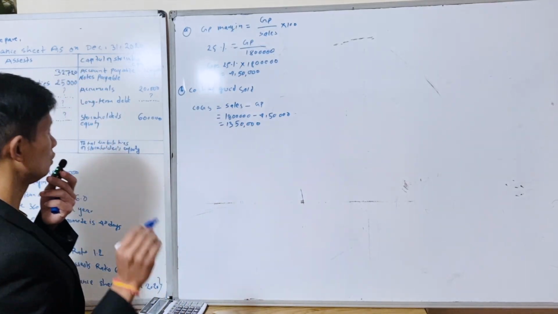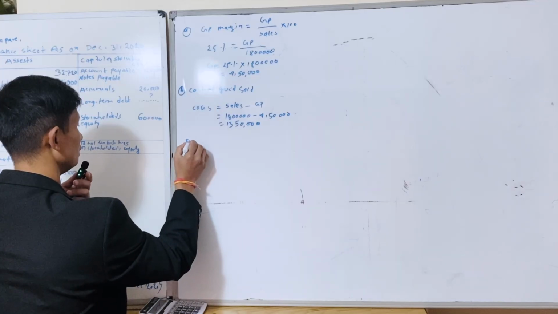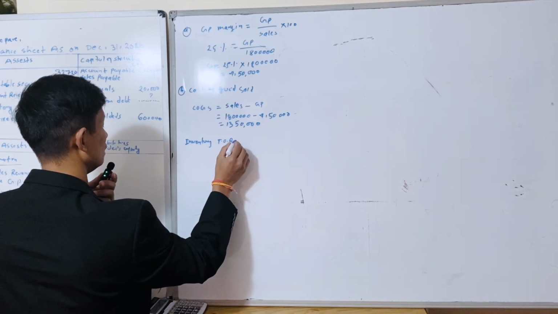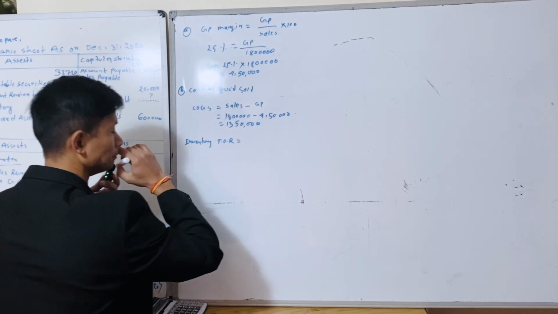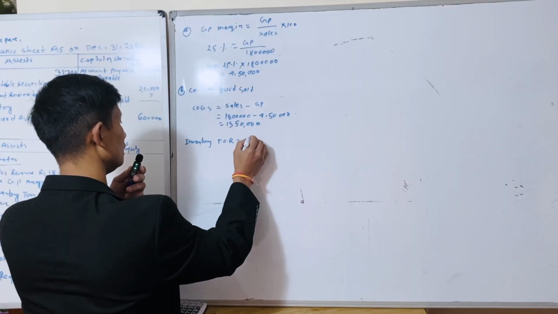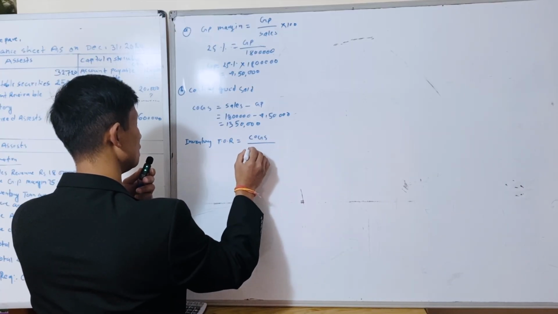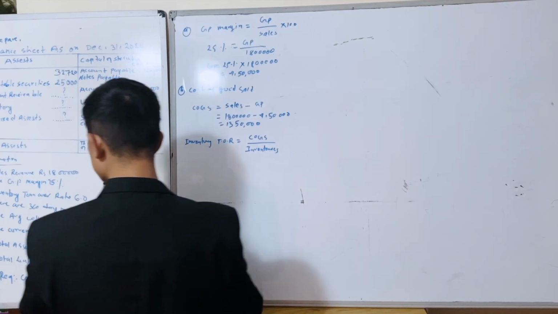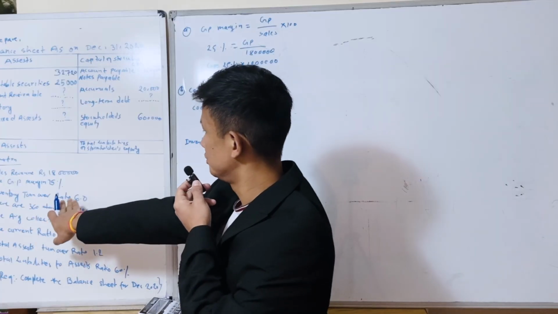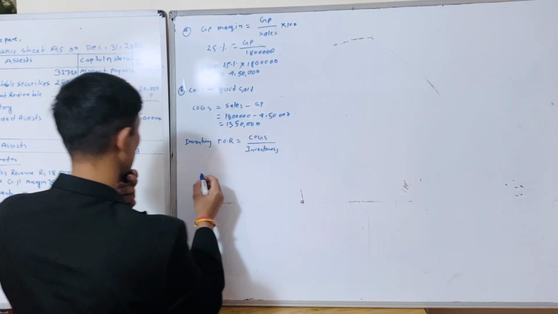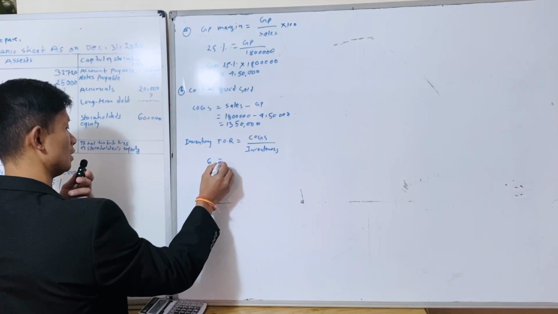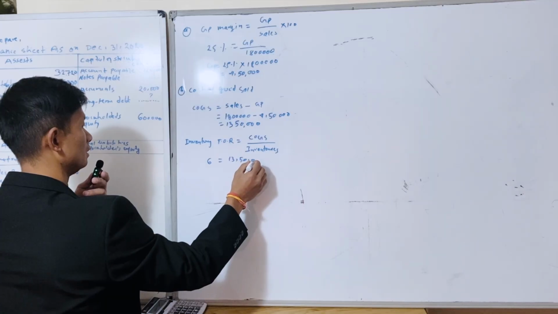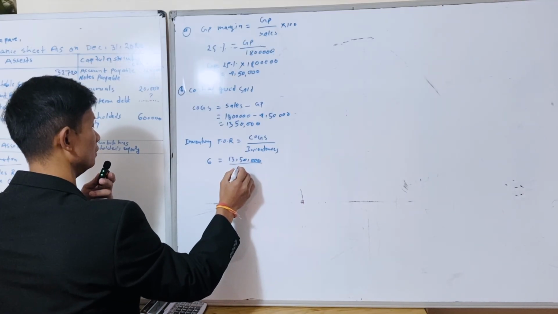Now we know the formula that inventory turnover ratio is equal to COGS divided by inventories. Now in the informations we are given that inventory turnover ratio is 6 times. So inventory turnover ratio 6 times is equal to COGS. We are given 13 lakh 50,000, and inventory we don't know.